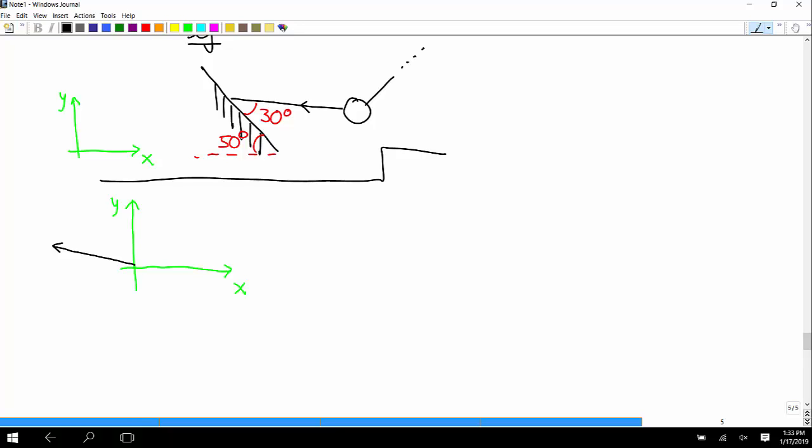And we're just going to hop from vector to vector given the relative angles that are provided. So the first thing I'm going to do is, I guess I'll do these in blue. This black one is the one we want. So we'll start out with this one, because we know that this angle is 50 degrees. Okay.